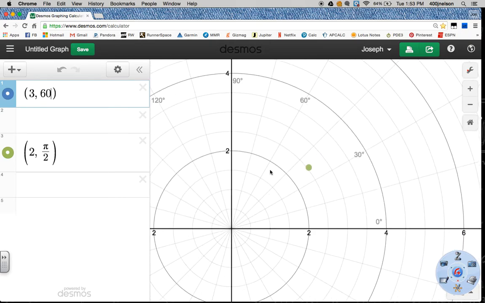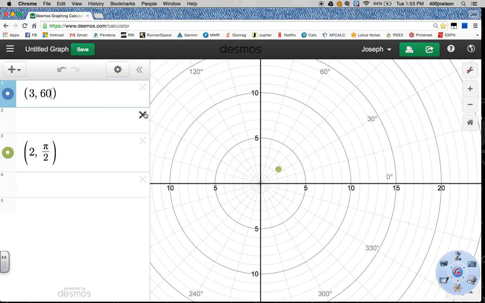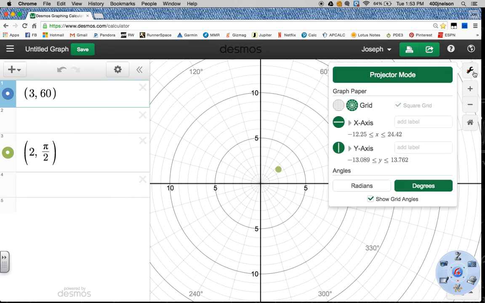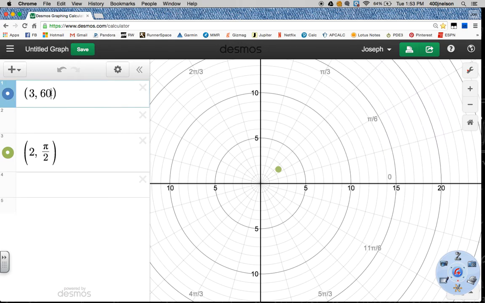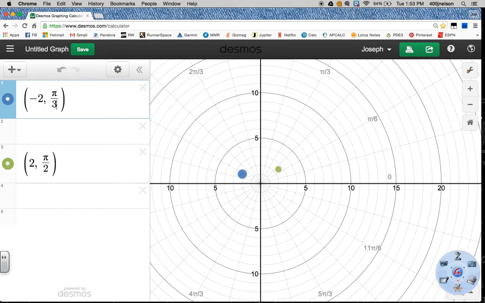I don't know why Desmos is not working for me today. I've done this plenty of times before, and it's worked fine. So I'll figure out Desmos. You should be able to figure this out, though, on Desmos here. If you change it back to radians and I do it like this, if I go to negative 2, comma, pi thirds.